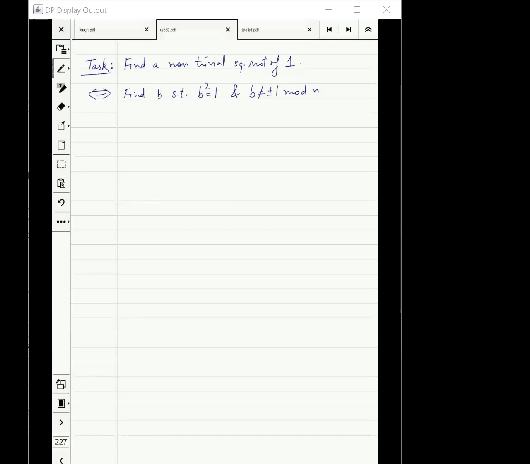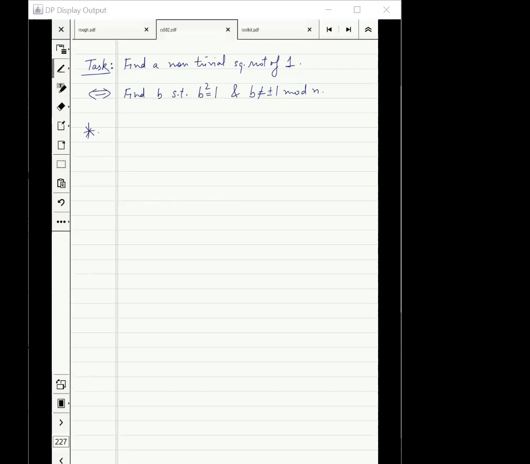So are there any other ways? We can find another element which has order 2 other than plus minus 1. Very good, very good. Right. So very nice suggestion.